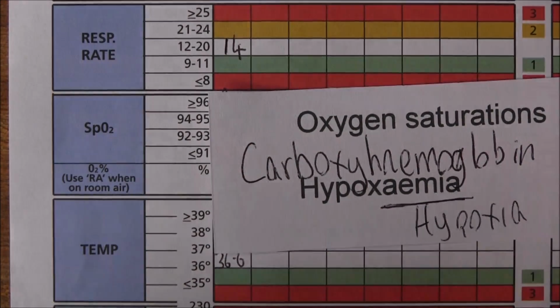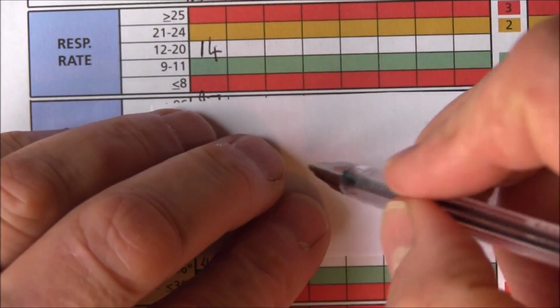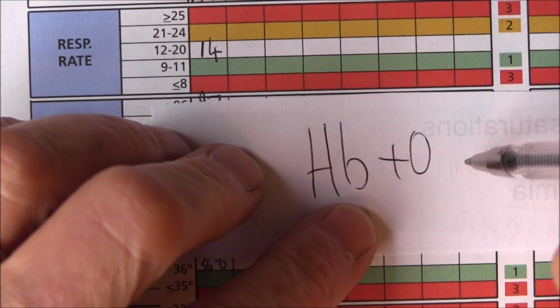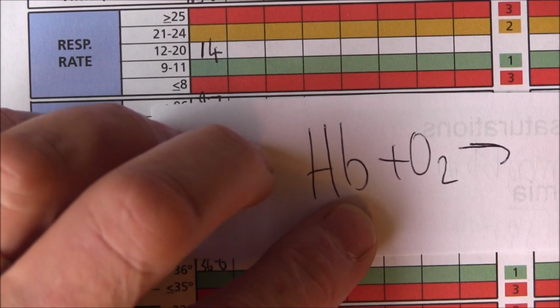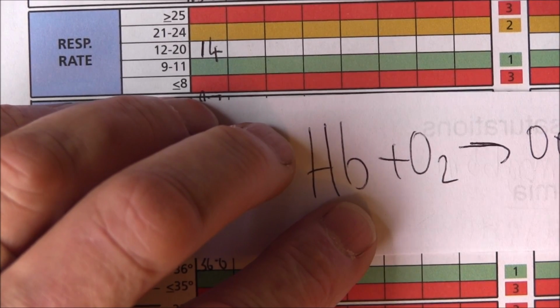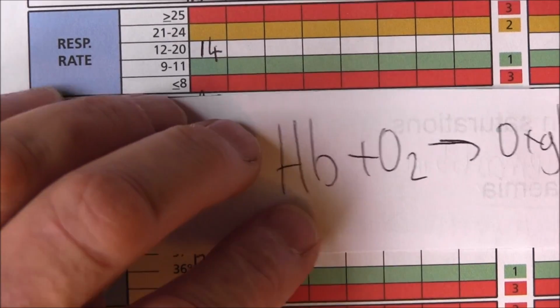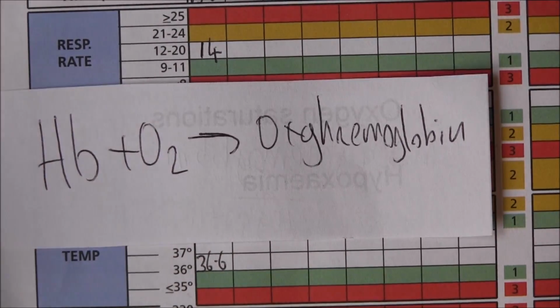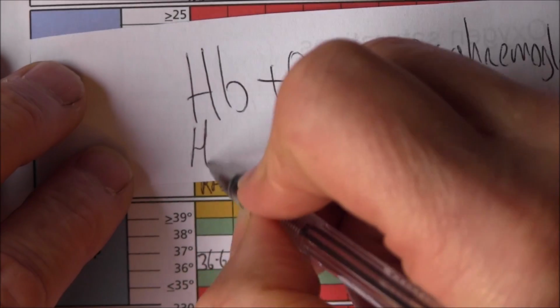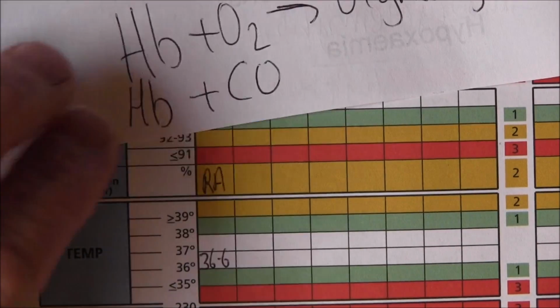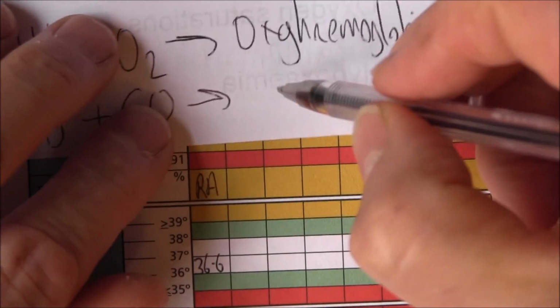Now, what carboxyhemoglobin is, it's a combination of the hemoglobin, and first of all, hemoglobin plus oxygen gives us oxyhemoglobin, which of course is completely normal. But the hemoglobin, if it combines with carbon monoxide, CO, that gives us this carboxyhemoglobin.